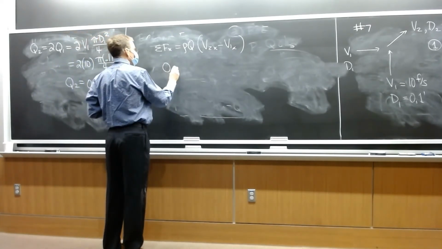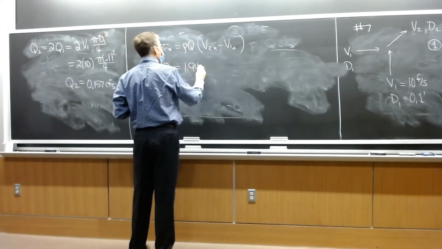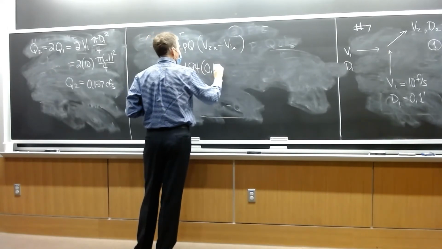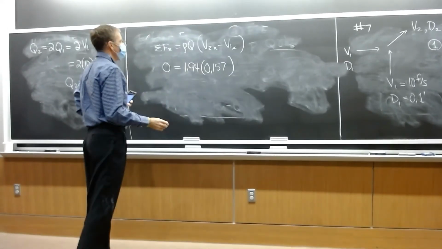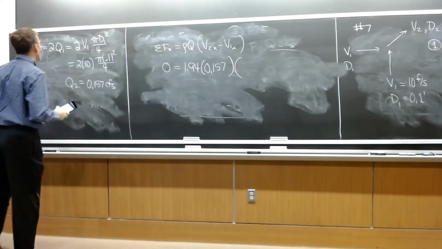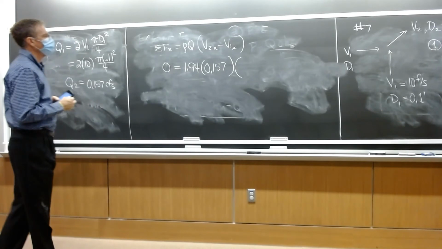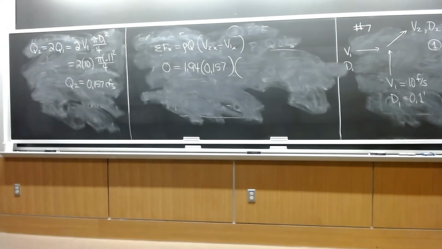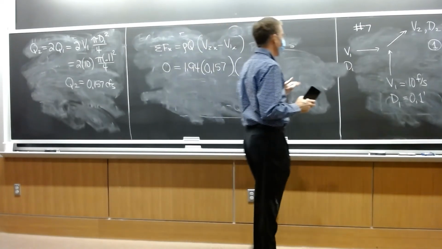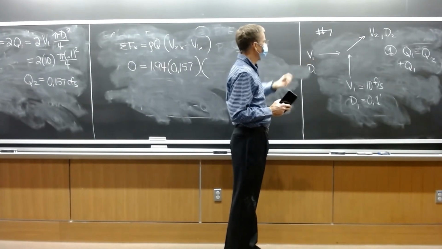So that's 0. And we know that only one of these has an x velocity. So if we were looking at the x momentum, the only contribution is from this one.